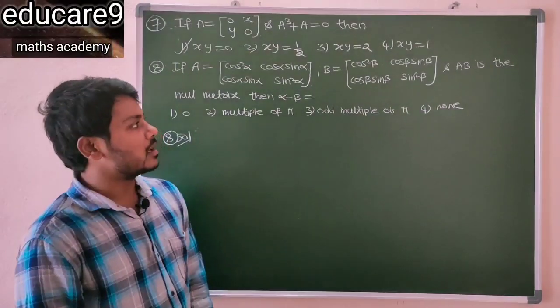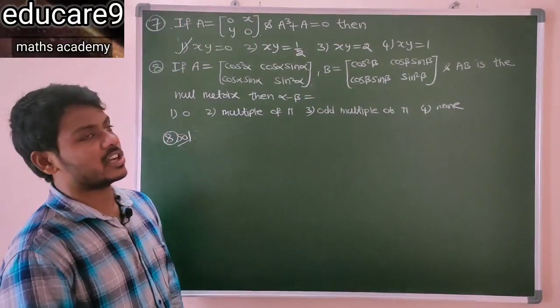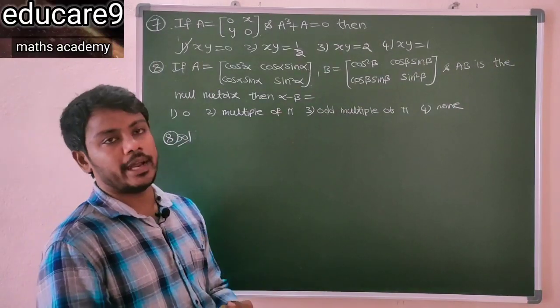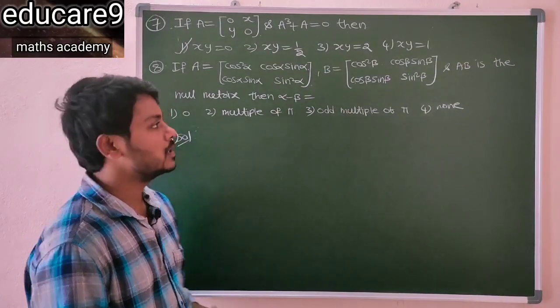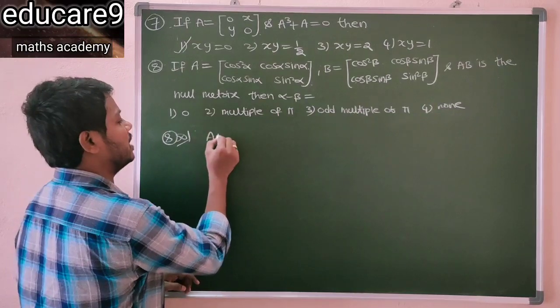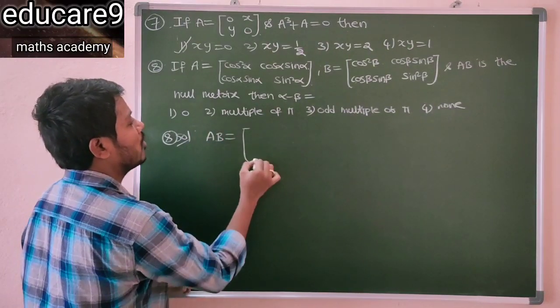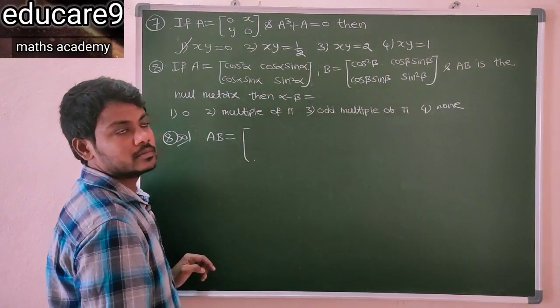AB is given and the product of AB is a null matrix, then find alpha minus beta. Here AB is equal to the product of these two.